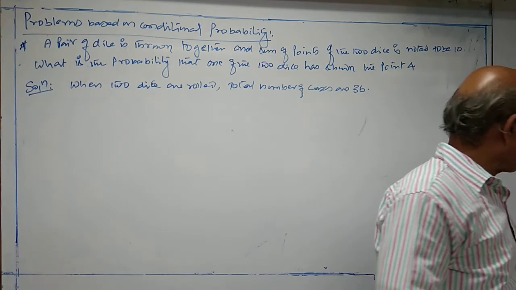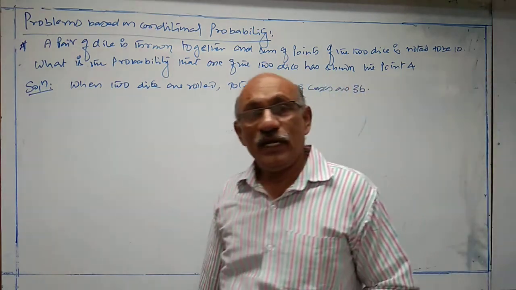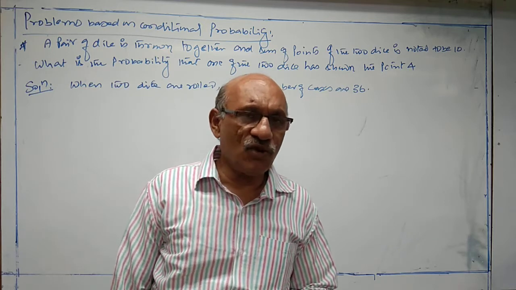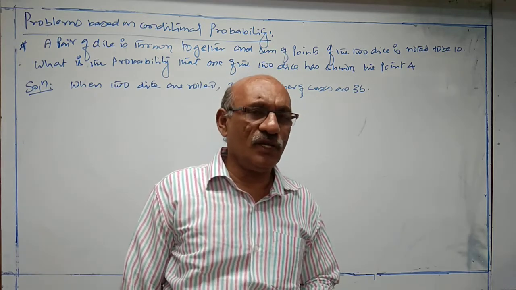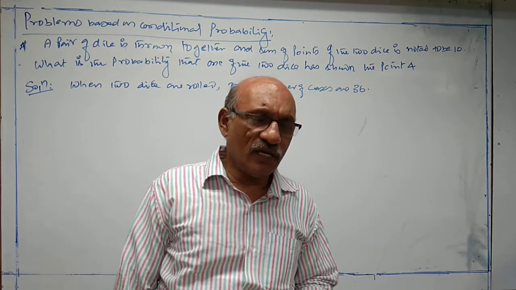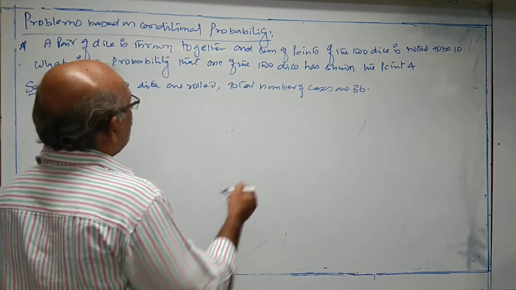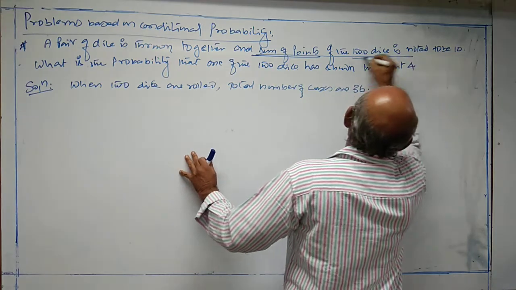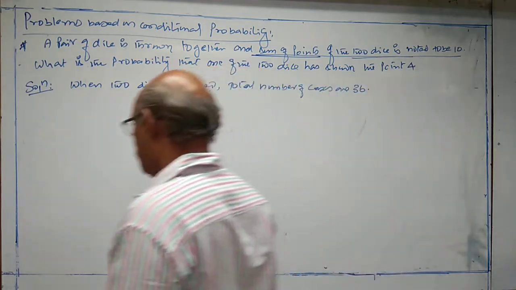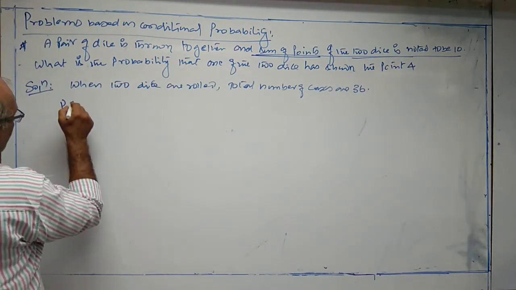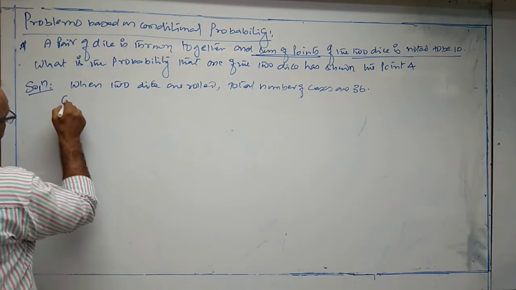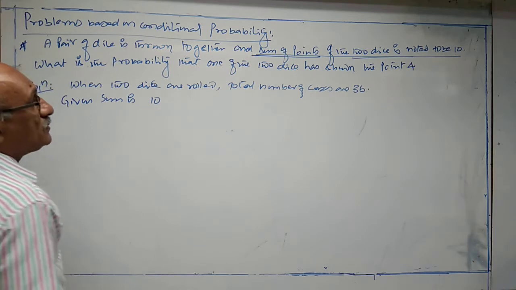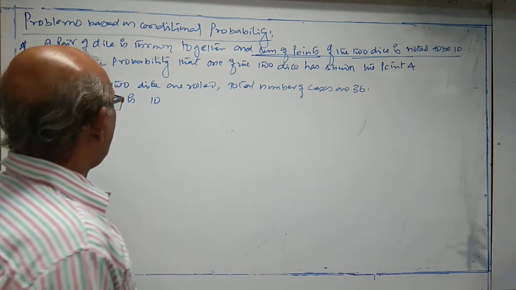First die is having numbers marked with 1 to 6 on its face. Second die is also having numbers marked with 1 to 6. 6 into 6, 36. But what is given in the question, sir? Sum of the points of the two dice is noted as 10. Given sum is 10.